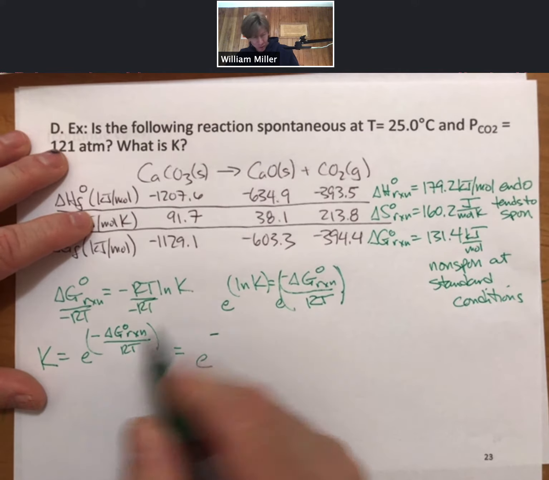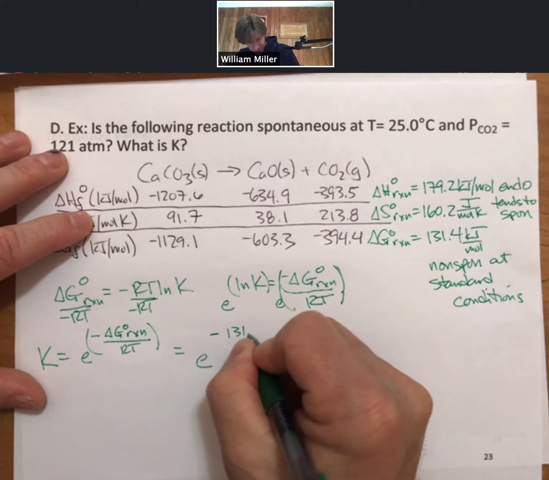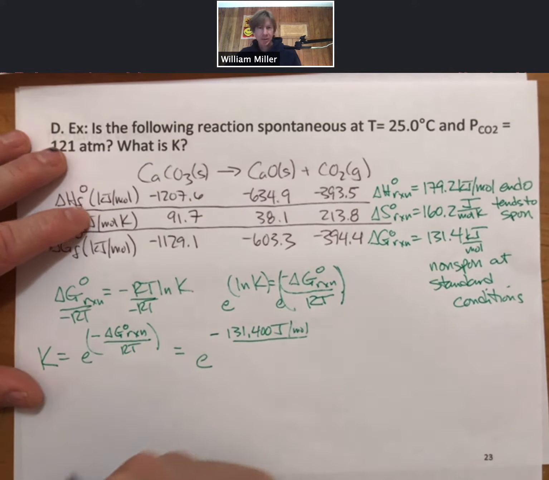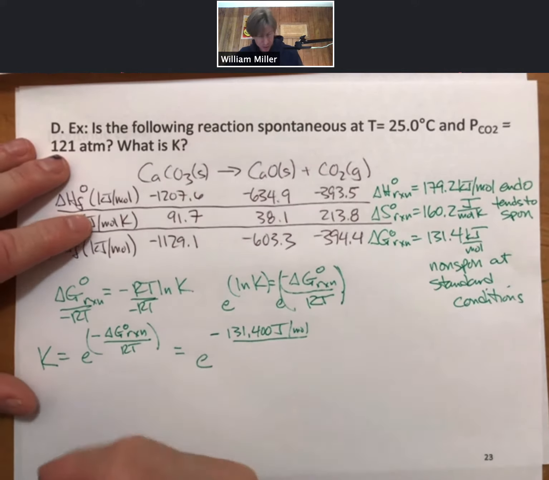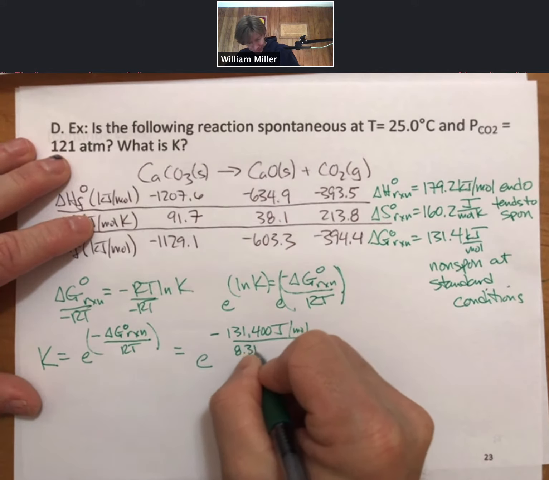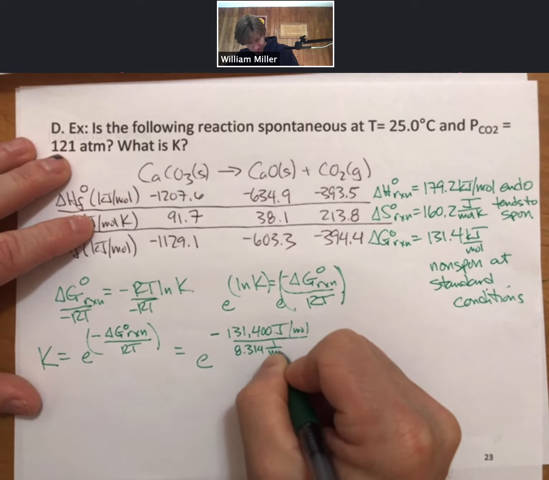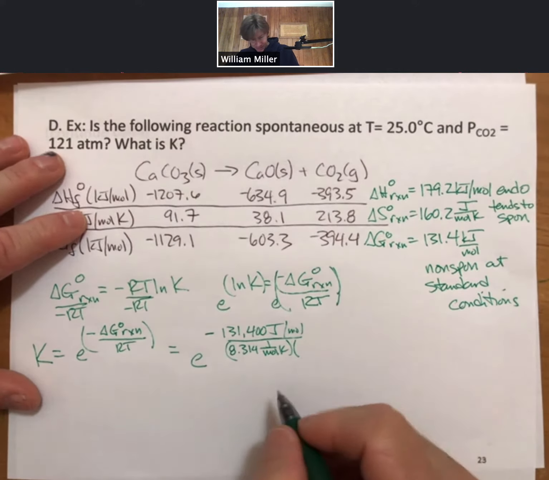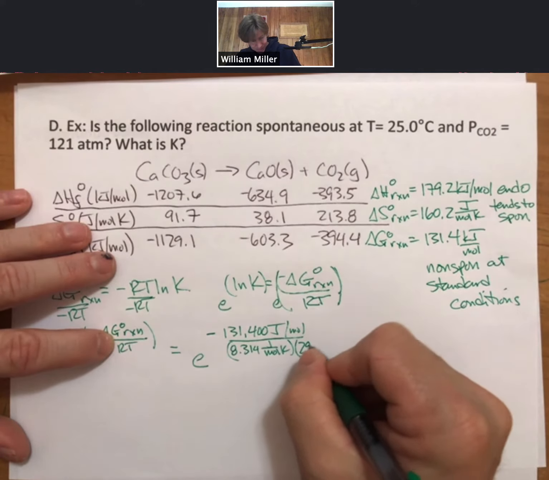R is going to be in joules, so minus 131,400 joules per mole, divided by R, which is 8.314 joules per mole Kelvin, times 298.